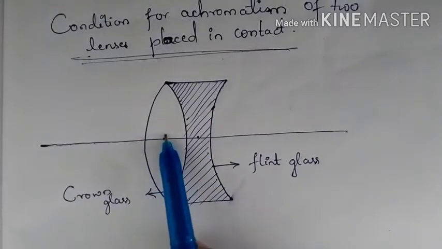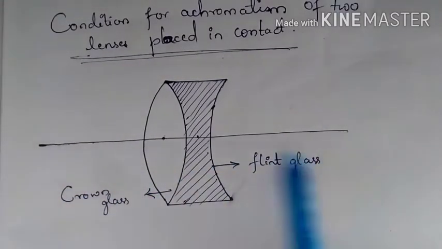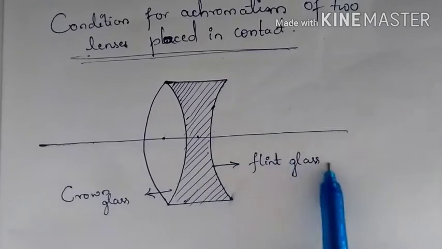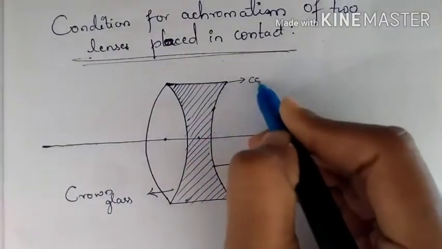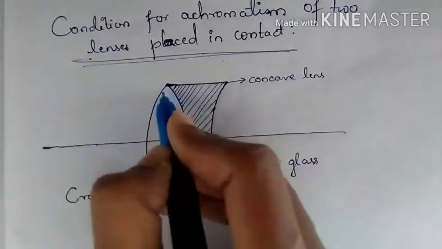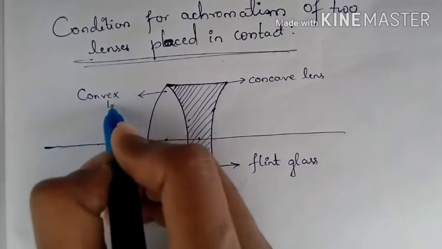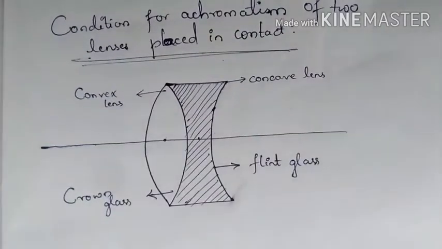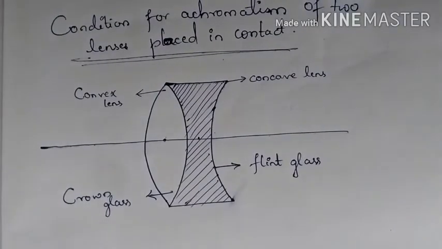So the convex lens is made up of crown glass and the concave lens is made up of flint glass. This is the concave lens and this is the convex lens. Now if you have two different materials, then the refractive index will also be different.